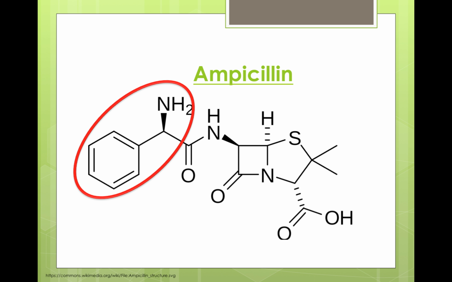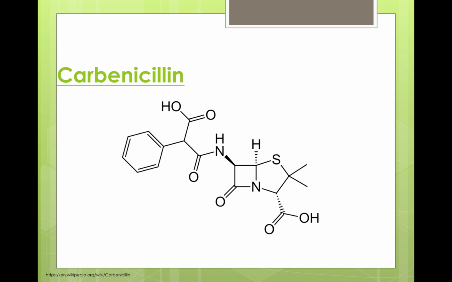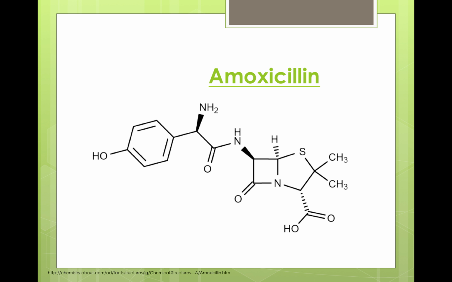Pretty cool. Then we have carbenicillin, which has a carboxylic acid residue over here, and the benzene ring, which is kind of like the carb and then the ben. But that's the R group attached to that. And then over here with amoxicillin, you have an amide and this benzene ring with the hydroxy group attached to it, which you'll see.